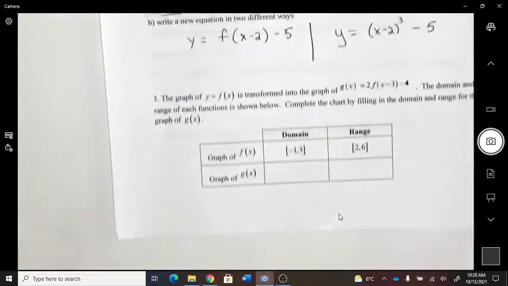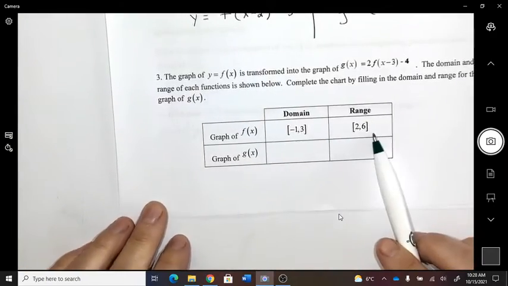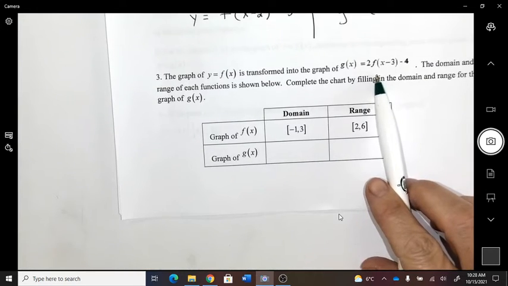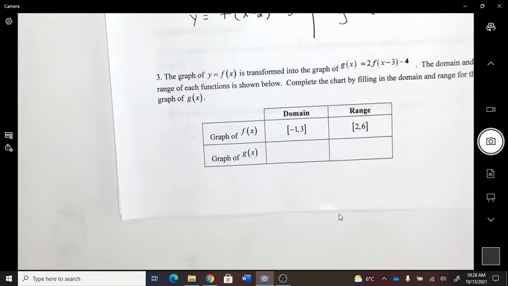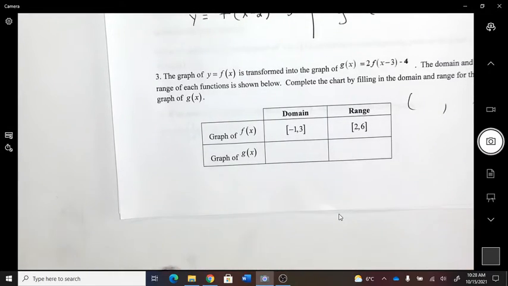Okay, number 3. We had the function f, and then here's the domain and range. There's a transformation, so what's the new range and domain? Okay, why don't we talk about what's happening to our coordinate?